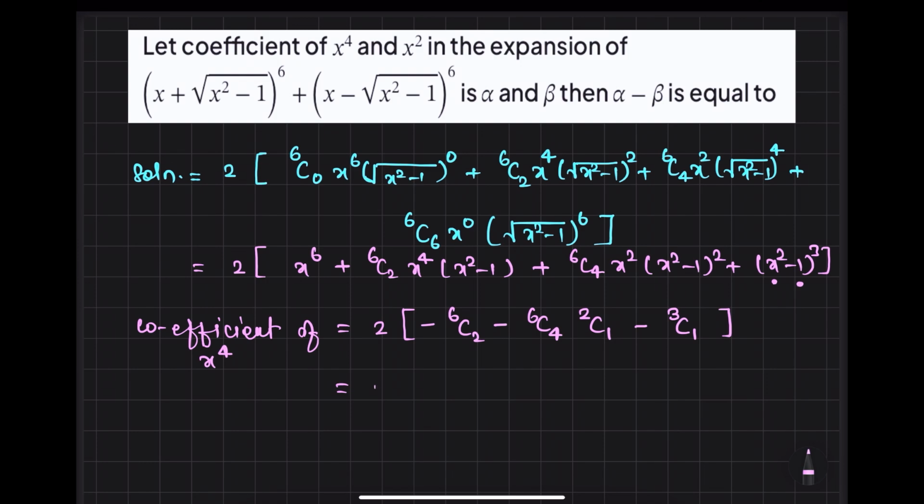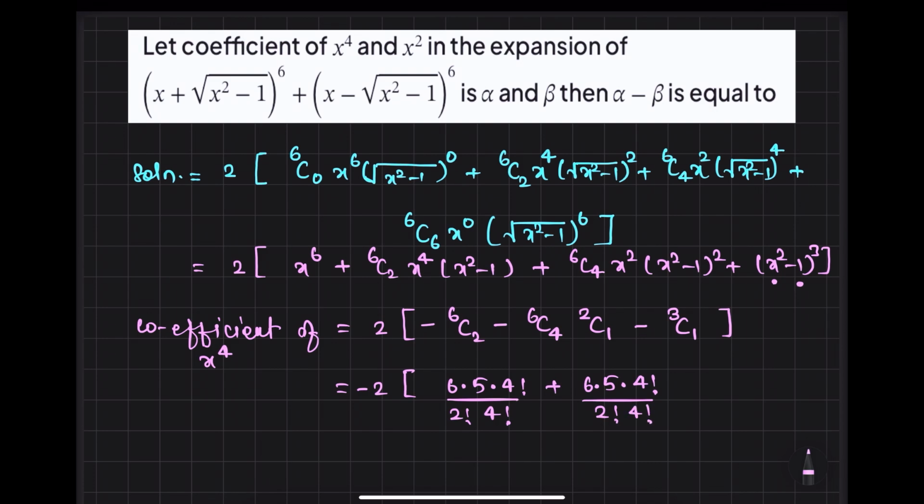Let's open this bracket and simplify this thing. You have minus everywhere, so minus you can take outside. Now 6c2: 6, 5, 4 factorial by 2 factorial, 4 factorial, plus 6c4: 6, 5, 4 factorial, and then 2 factorial, 4 factorial.